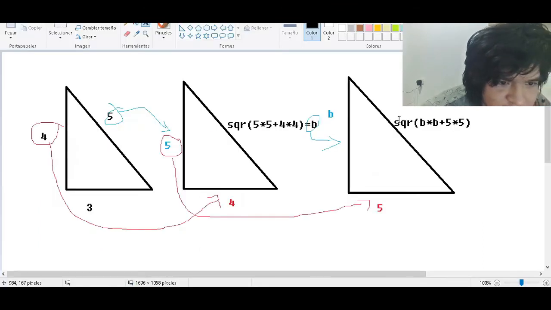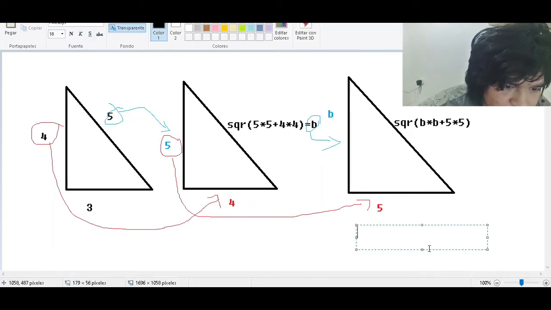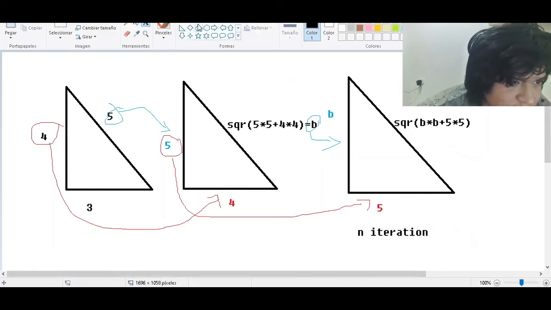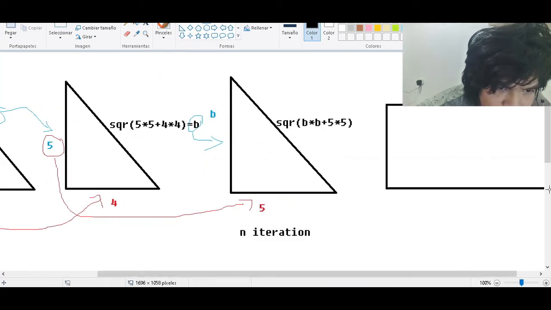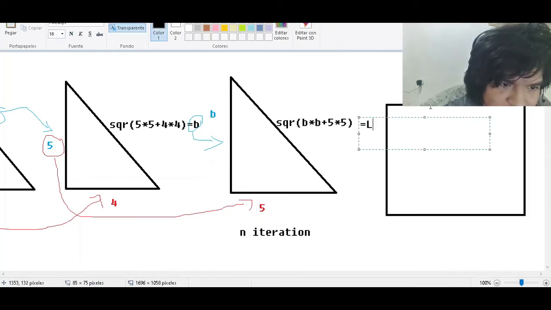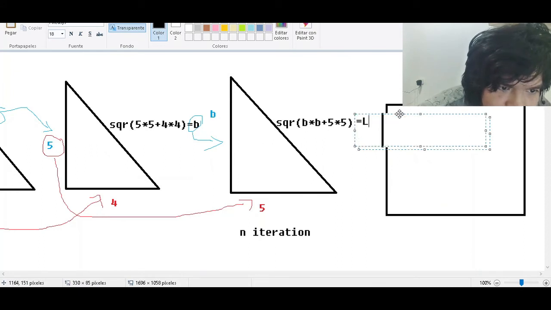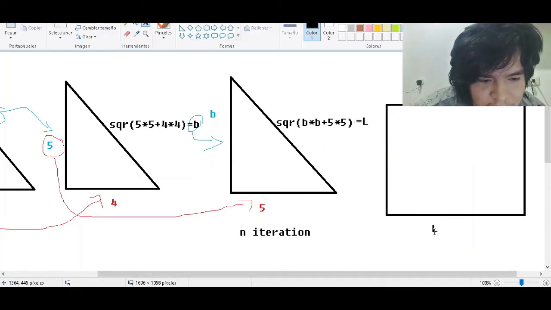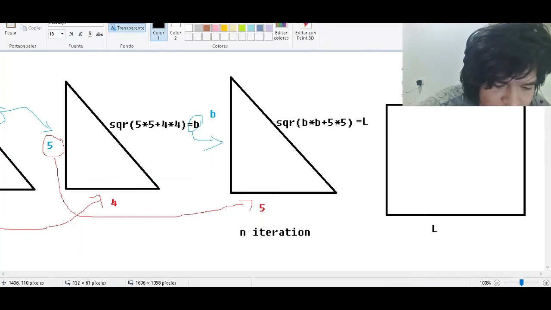So they are asking us in this n iteration, we are going to have a square whose side is going to be this one, the hypotenuse. So if we call this L, it's going to have a side with an L length, and the area is going to be just L times L.